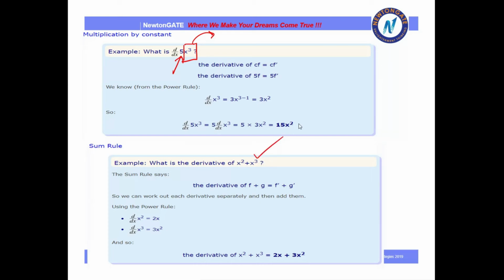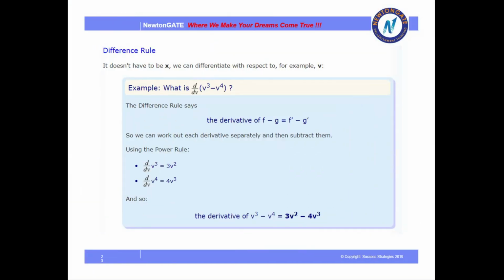In the sum rule also, the individual terms we will differentiate, and then the results will be added. The difference rule is the same as the sum rule. We will individually find the differentiation of the individual functions. It may be a logarithmic function, a trigonometric function, or an algebraic function, but we will find it in the same manner, and then the result will be subtracted.